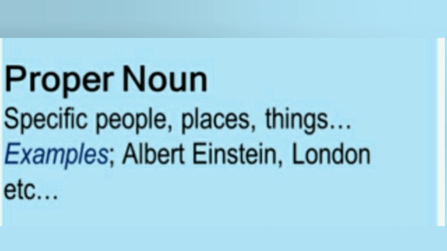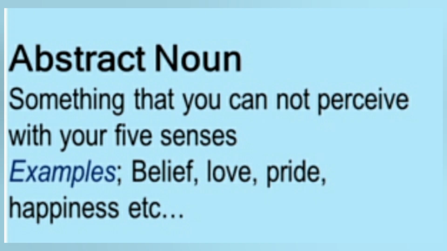Proper nouns are specific or special names given to people, places, animals, things, or ideas. Example, Albert Einstein, London, etc. These nouns must begin with capital letters.